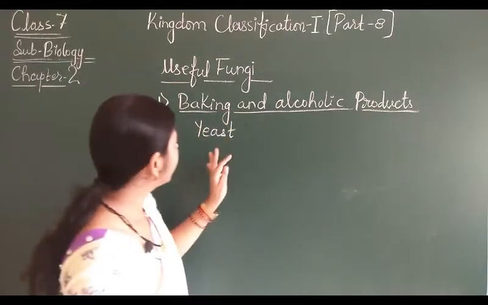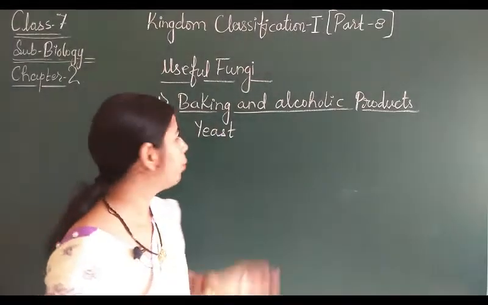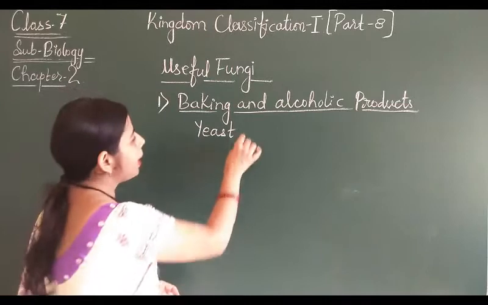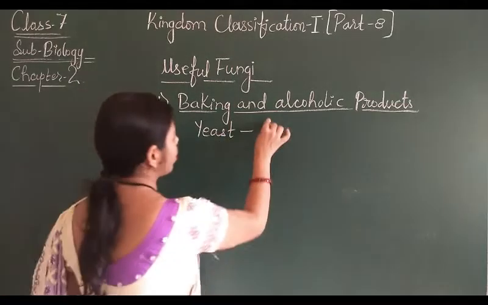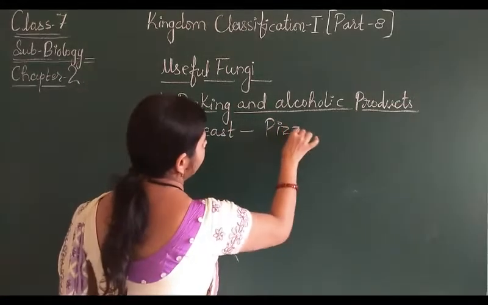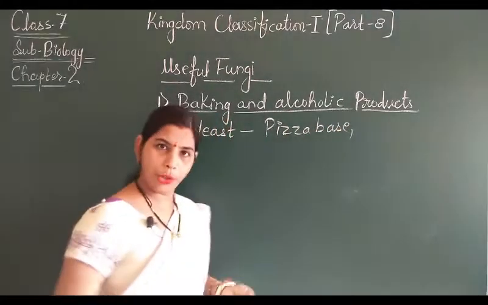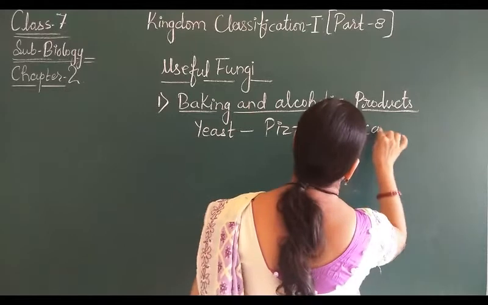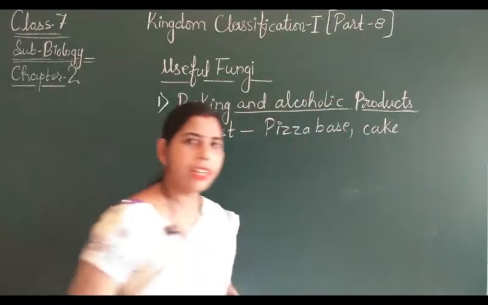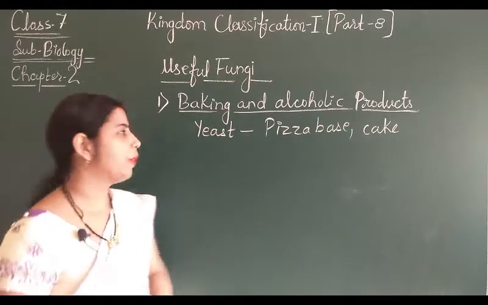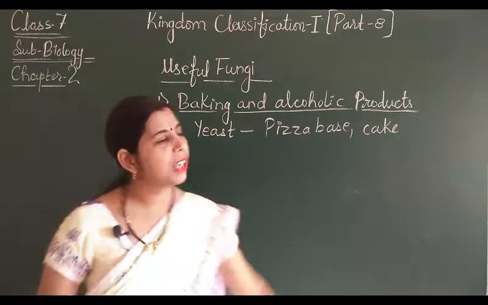This fungus is very useful for the baking industry as well as for alcoholic products. In the baking industry, it helps in the formation of pizza base. It also helps in the formation of cake and different types of wheat products like bread and different doughs. It also helps in alcoholic products.